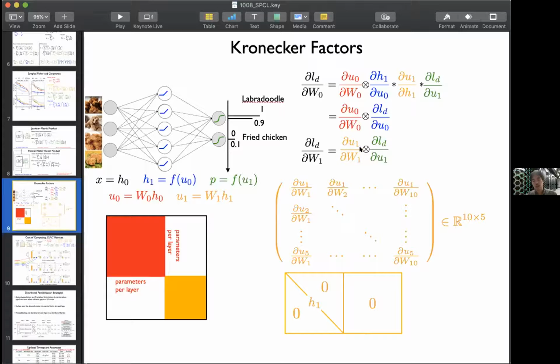Which is essentially a scalar times vector outer product. That's what it turns into. So if you view a vector outer product, a vector times a vector that turns into a matrix, as a Kronecker product, which is what it is, then you can easily understand that this is a Kronecker factor.